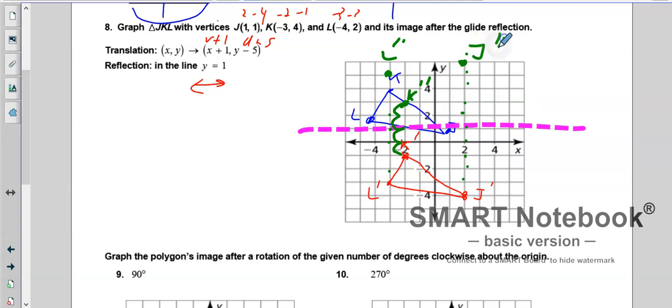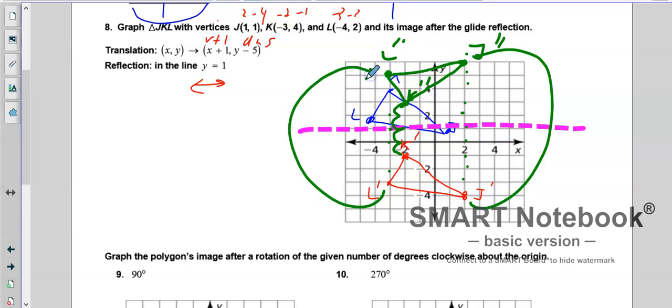And that's my J double prime. Okay, so this folded over the pink line there, this folded over the pink line there, and the K, as you see, folded over that way. So remember, the key is to do this one first and then move that new triangle this way.